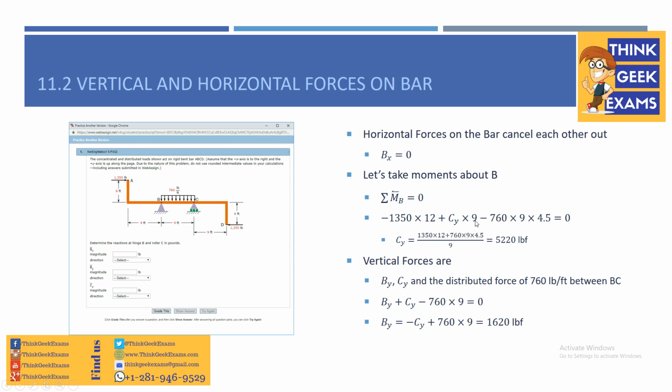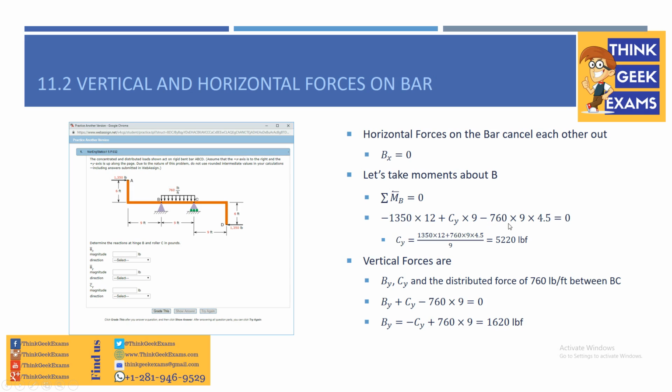So we add that, and finally the distributed force of 760 pounds per foot. The centroid of that force is at 4.5, so that's the distance, and since 760 is acting for 9 feet of distance, we have to get the total force. We multiply 760 by 9, and this is acting in the clockwise direction, so this torque is going to be negative.